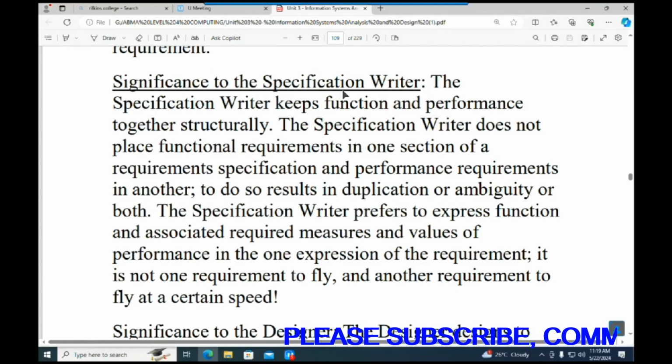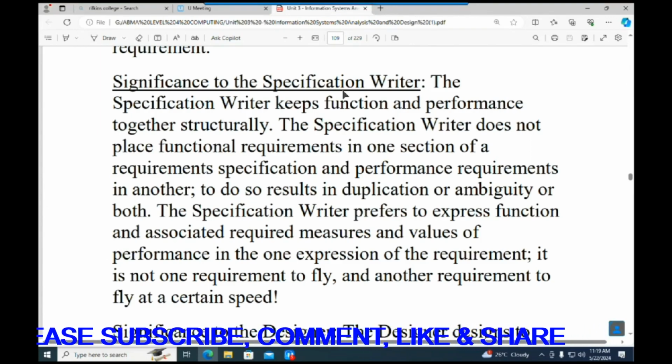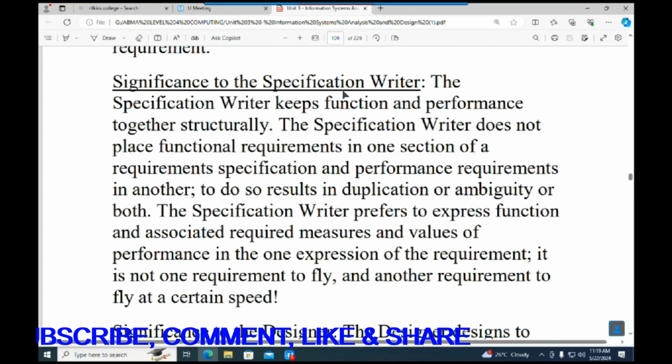So it is a preference for the specification writer to place the function and the performance it is associated with, and the required measures and values of that particular performance, in one expression of that requirement. So it is not one requirement to fly and another requirement to fly at a certain speed. That is supposed to be one requirement.